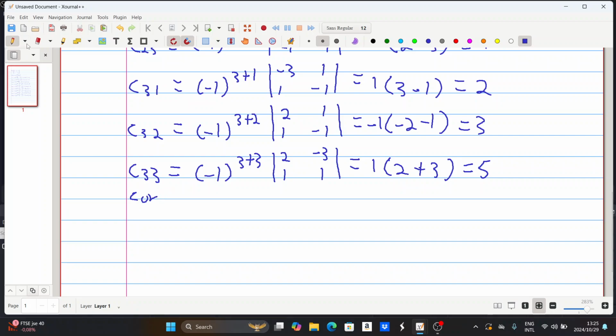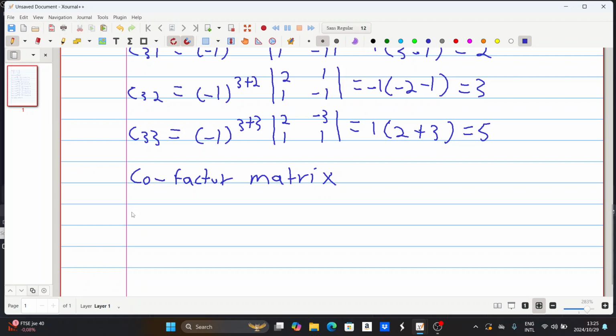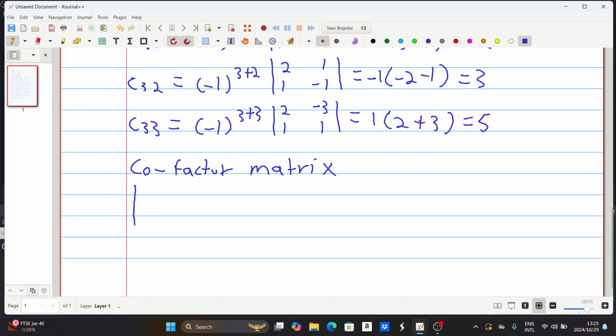Cofactor matrix, right? So the cofactor matrix is the matrix made up of the cofactors.